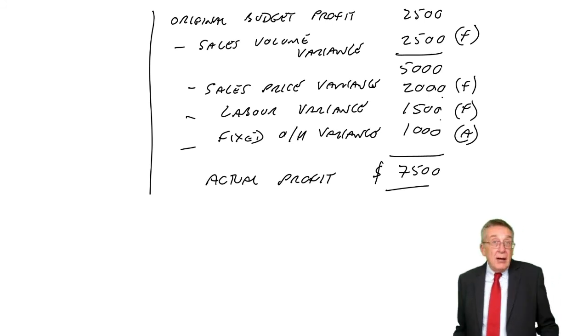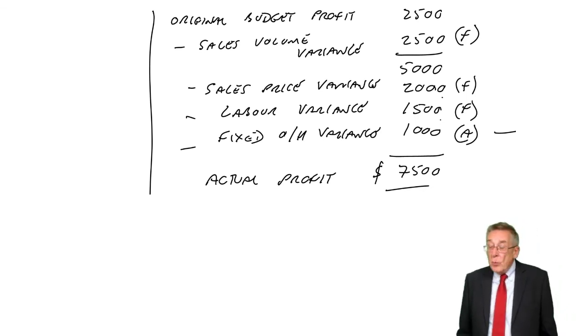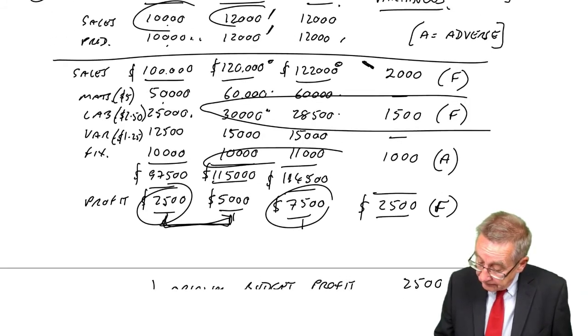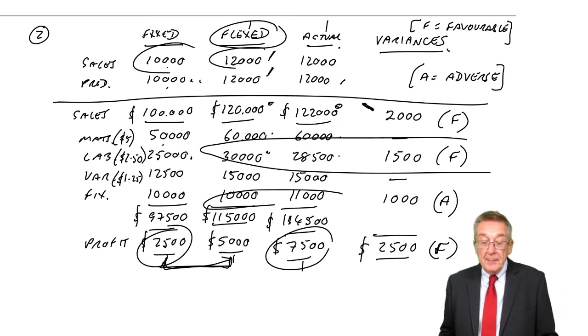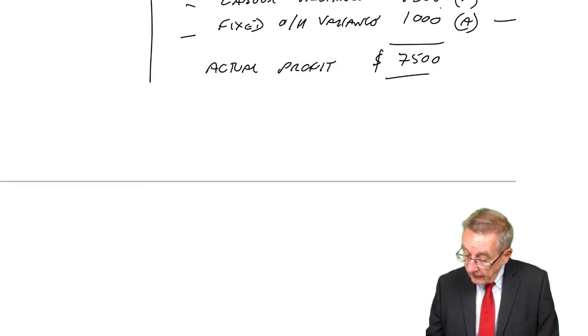Where we saved money, obviously we'll be pleased. Where we've overspent, obviously we'll want to know why. What was it went wrong? However, more about that in the next chapter. However, the flexed budget, remember, the flexed budget is where we rewrite the original. Well, I'll write it down.